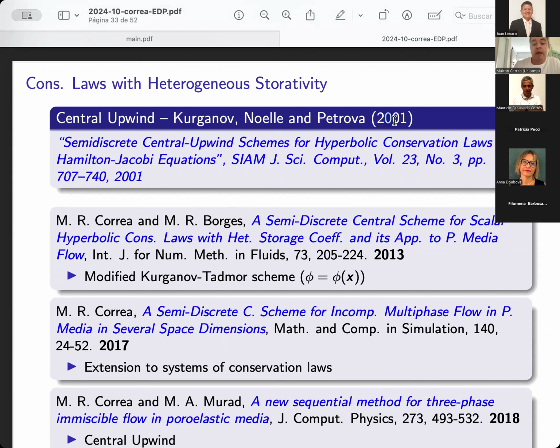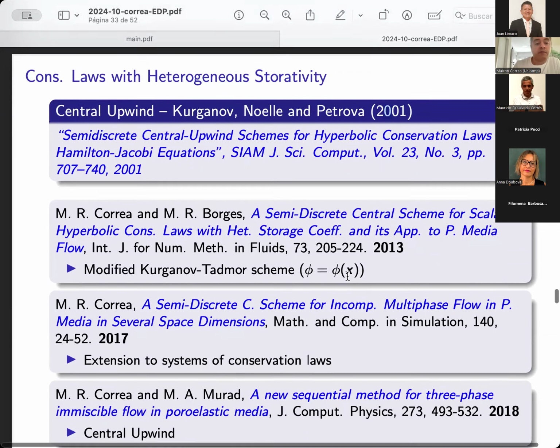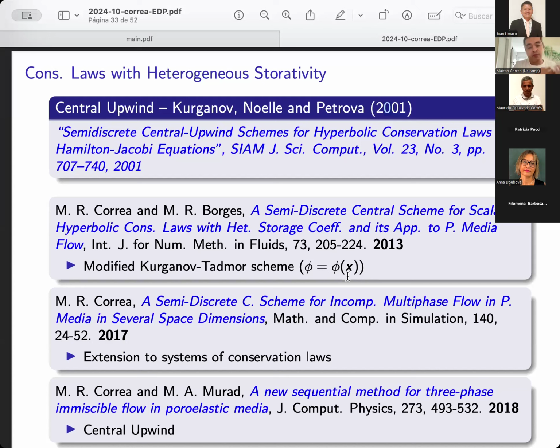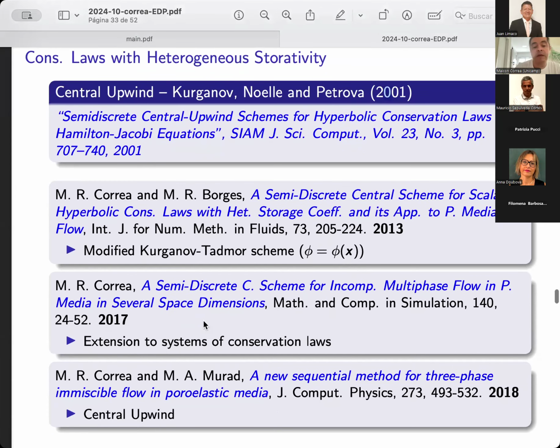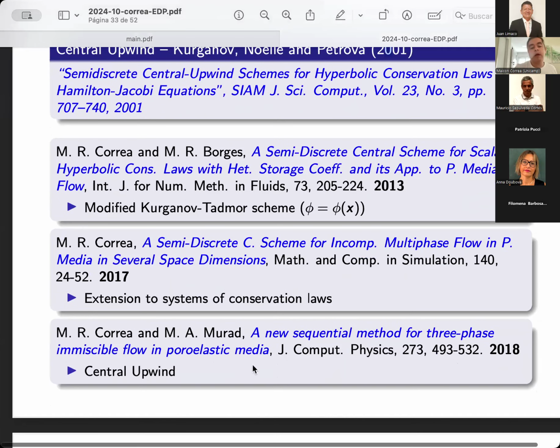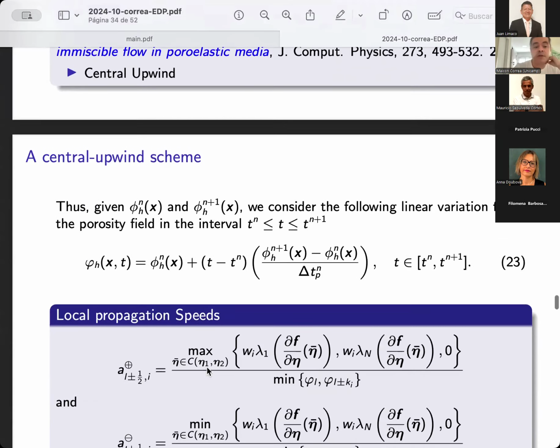And then in 2013, we proposed a variation that is able to solve for heterogeneous porosity fields. And then after that, we moved to a variation that also contemplates systems of conservation laws. Finally, we performed the variation of the central upwind for the case where the porosity is changing in space and time.